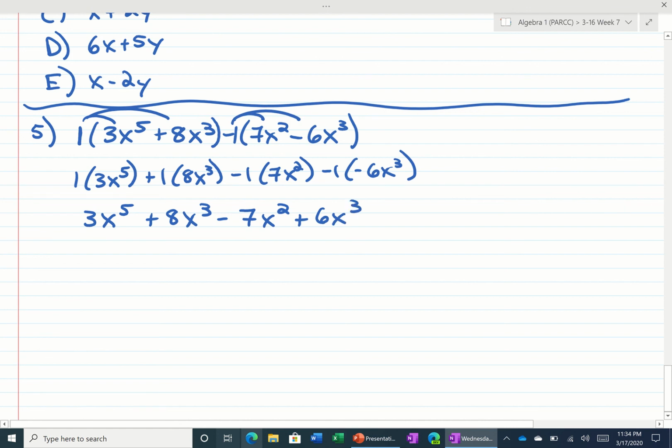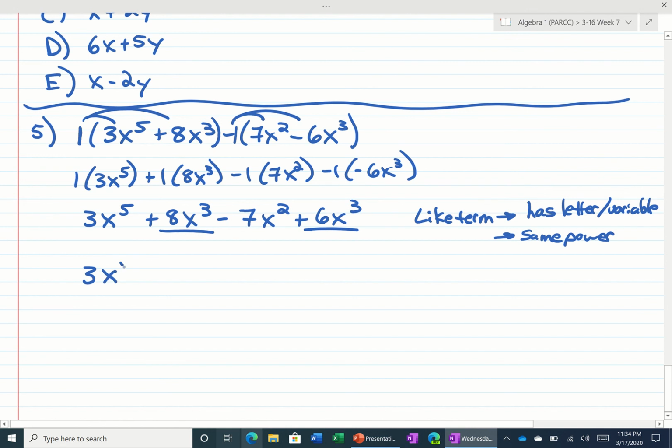Let's combine our like terms. We have an x to the 3rd and an x to the 3rd, so we can combine those together. Remember, a like term has the same letter or variable and the same power. So this would be 3x to the 5th plus 14x to the 3rd minus 7x squared. That would be the answer.